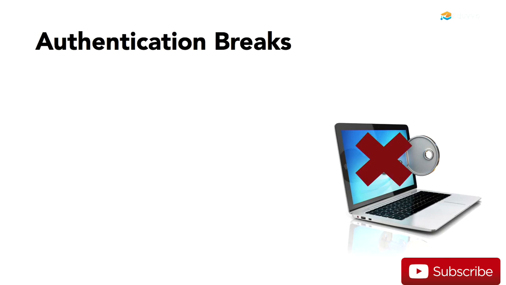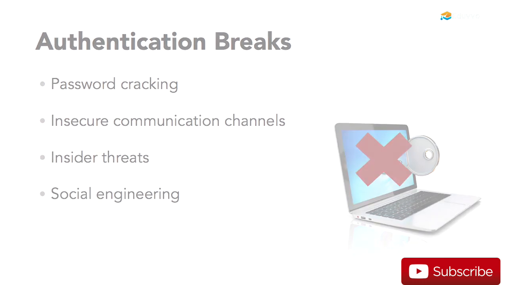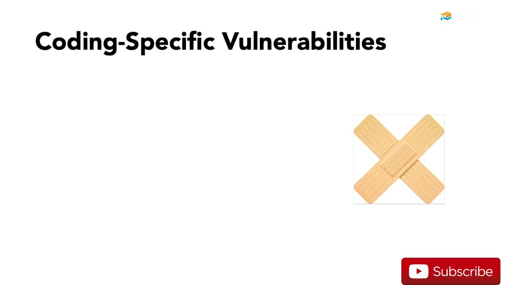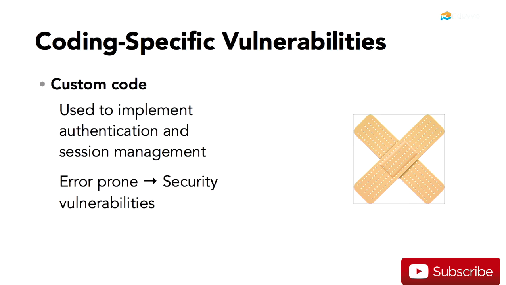Authentication and session management often break due to reasons such as password cracking, insecure communication channels, insider threats, or social engineering. More importantly, software developers often use their own custom code to implement authentication and session management. Building your own custom authentication and session management scheme is hard and prone to error, eventually leading to security vulnerabilities.